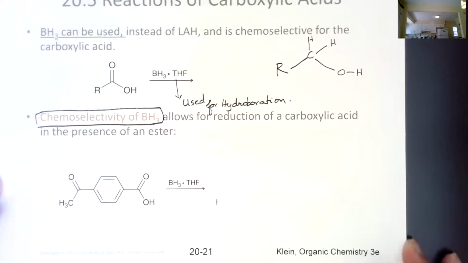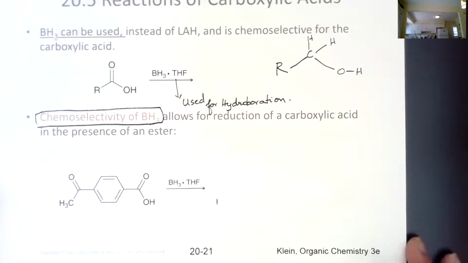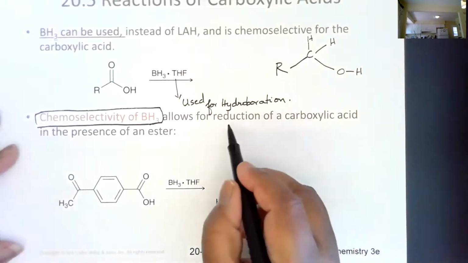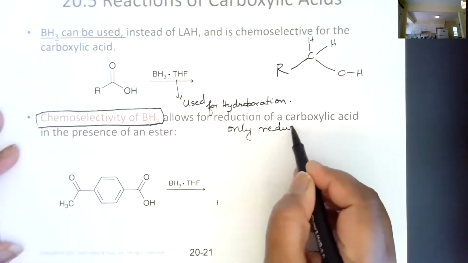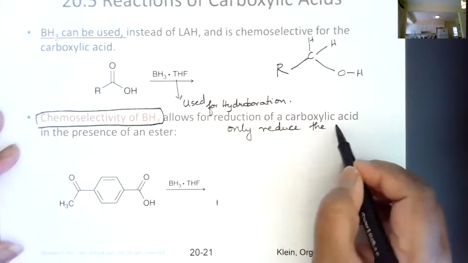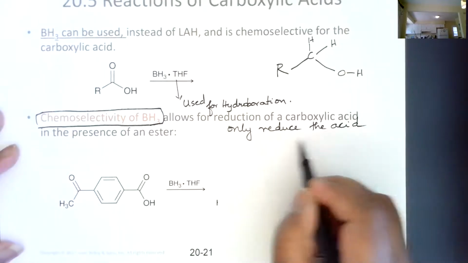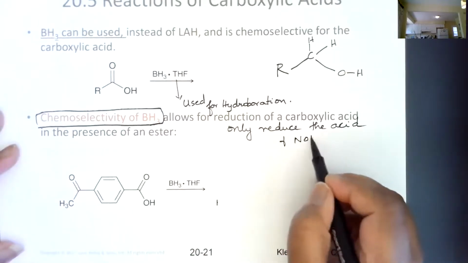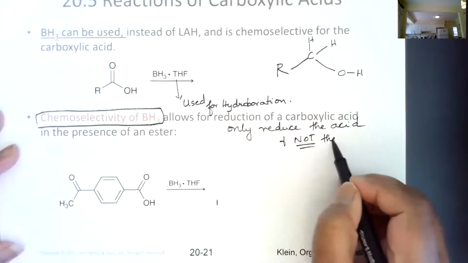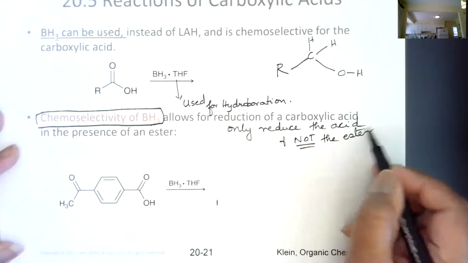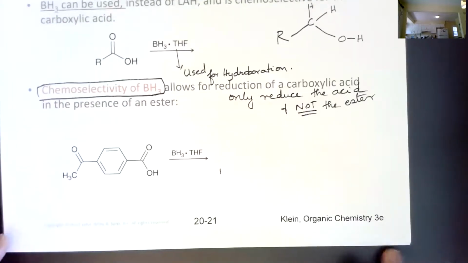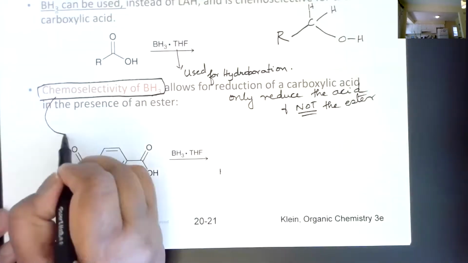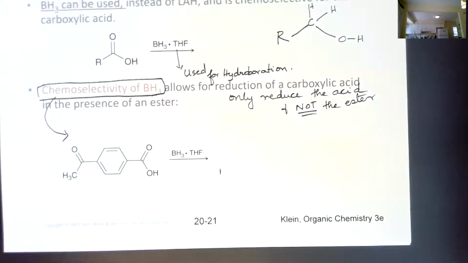But then he is a little finicky. He will only reduce the acid and not the ester. Here's a typical example. So this is chemoselectivity. So what does that mean?